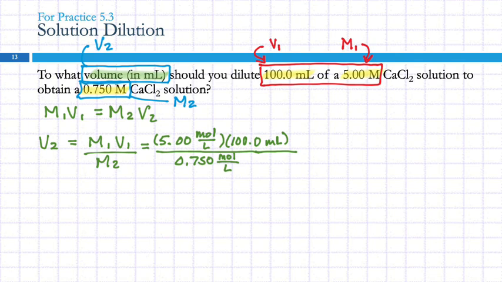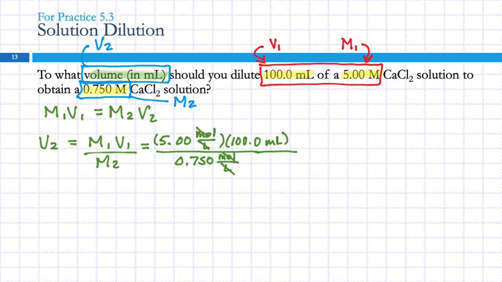If we look at the units over here, what happens to the moles per liter? They're going to cancel out. Moles cancel moles, liters cancels liters, and the unit that's left is milliliters, which conveniently is what they're asking us for. Now, you could change this into liters, do the problem, get the answer in liters, and change it back into milliliters, but that's more work.